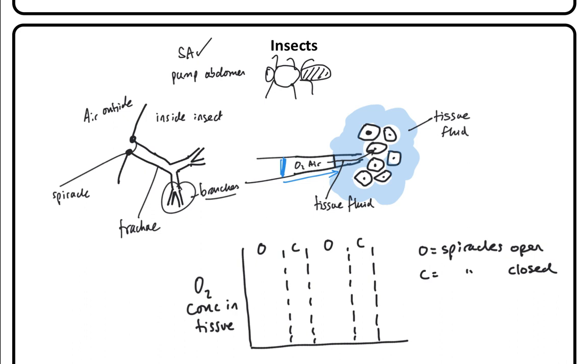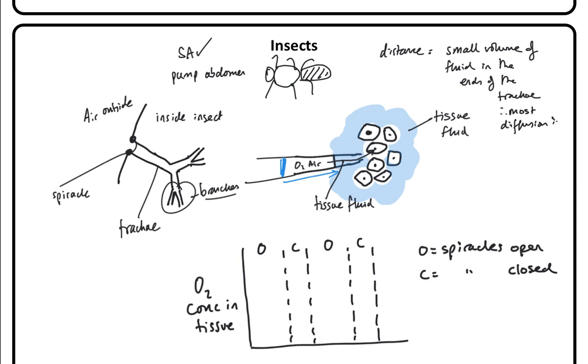So in terms of distance, I'll write it out: there's only a small volume of fluid, I could say tissue fluid, in the ends of the tracheae. Therefore, most diffusion is in air. Therefore, faster. Diffusion is far faster in air than in a liquid.